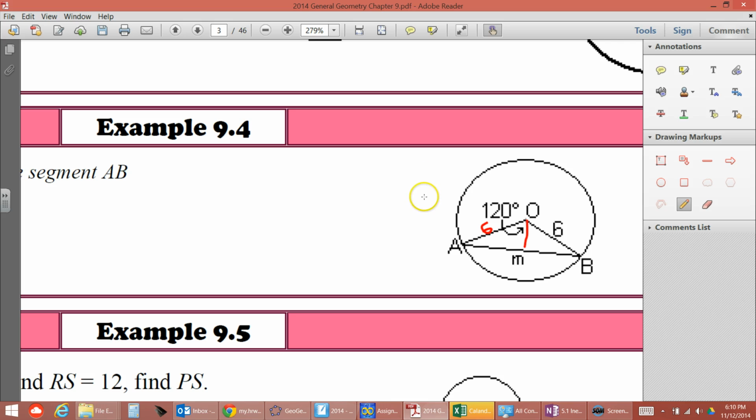So if I drop down the altitude, I have a 90-degree angle right there. And this one's 6. That's the hypotenuse. And so I need to be able to find out, oh, hey, this is 60 degrees. If I cut this in half, I get 60 degrees.